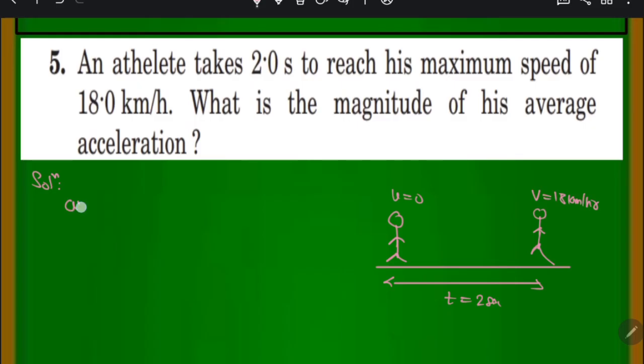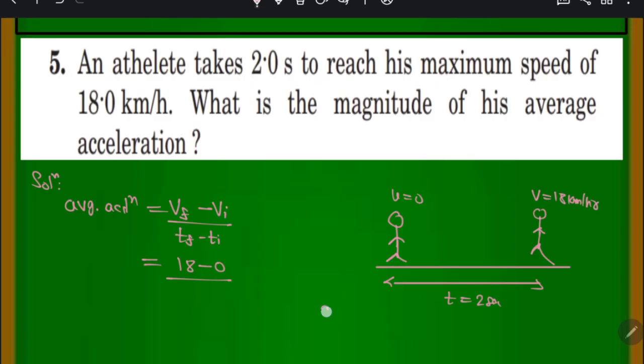Then they are asking for average acceleration, that is change in velocity, V final minus V initial, upon time interval, T final minus T initial. V final is 18, initial is 0, divided by time, which is 2 seconds.